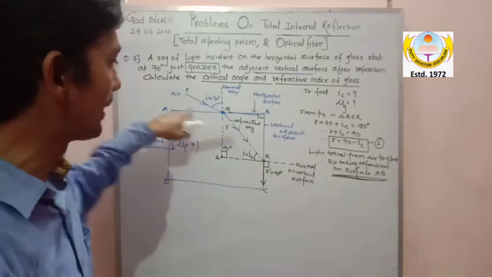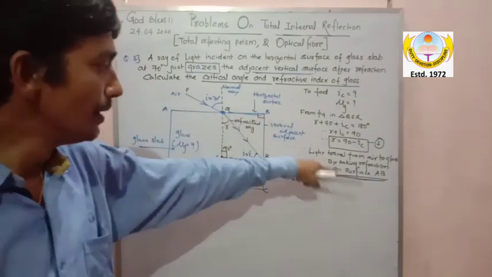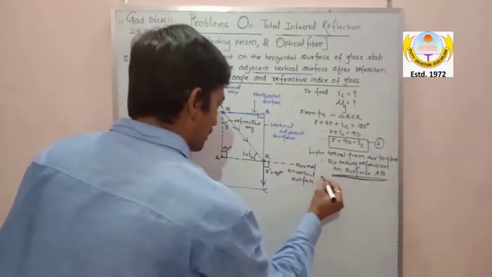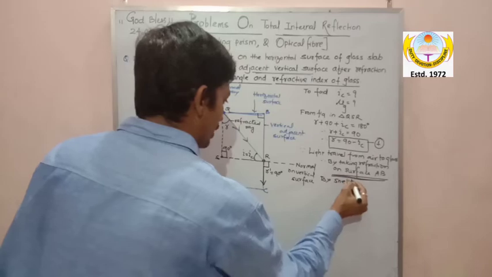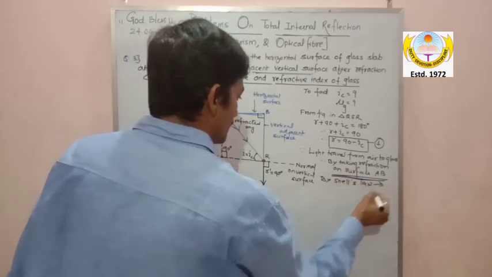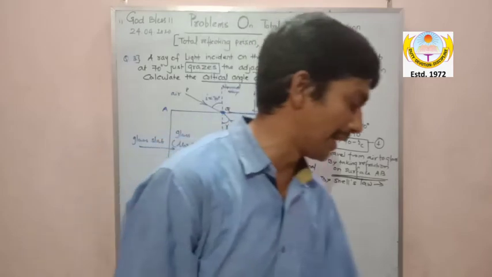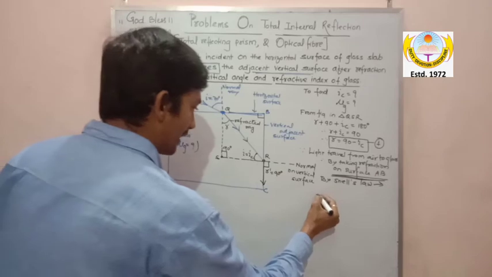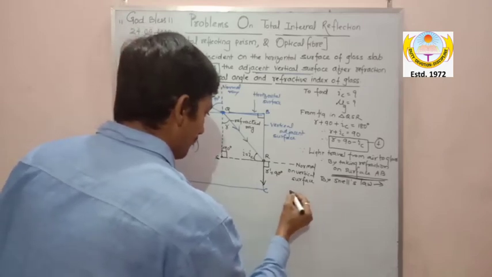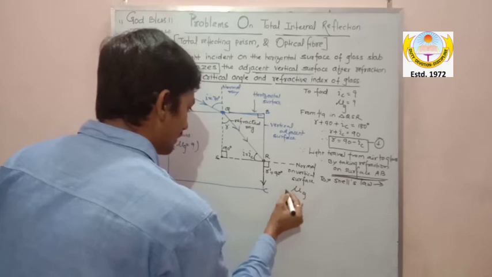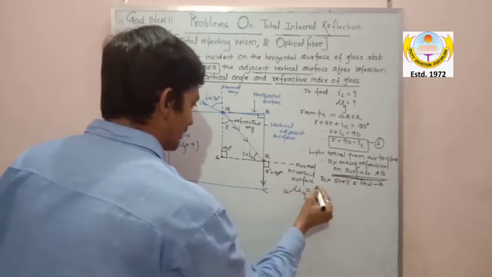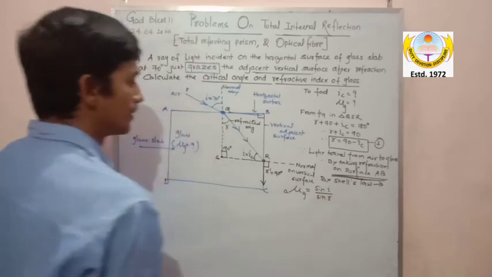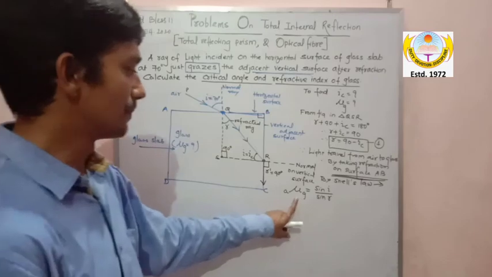So the first refraction I take on AB. When I take the light from air to glass, by taking refraction on surface AB, by Snell's law, my dear, I think you know Snell's law. So when I apply Snell's law here, the light going from air to glass, mu of glass is nothing but sine of I divided by sine of R. I hope it is clear.